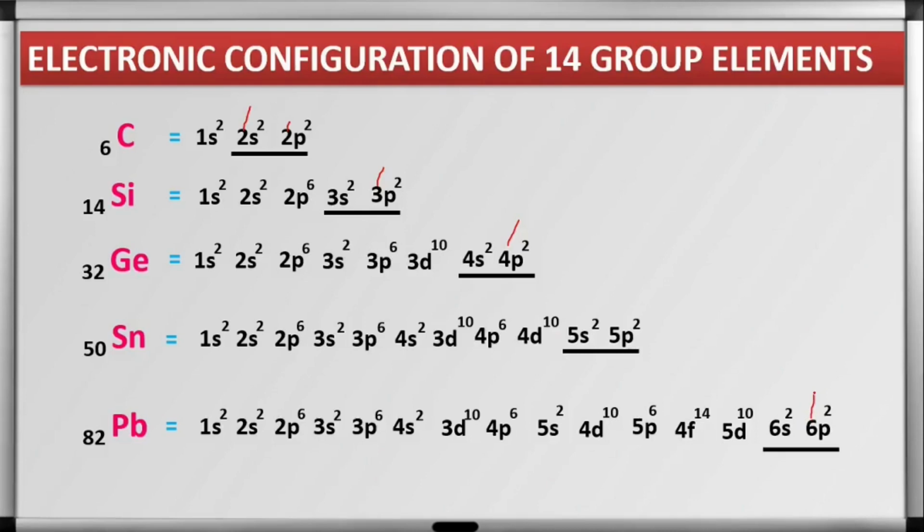Another part, तुम्ही लक्षात कसं ठेवणार atomic number? So it is a very easy way. 6 plus 8, 14 electrons, 14 plus 18, 32 electrons, 32 plus 18, 50 electrons, 50 plus 32, so there are 82 electrons.